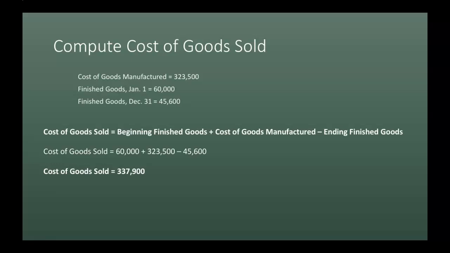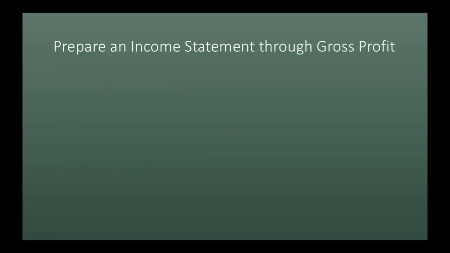So continuing to build on itself, the problem now says to prepare an income statement through gross profit. So you calculate gross profit by taking your sales, subtracting your cost of goods sold. So at the start of the problem, they told us that our sales revenue for the year was $900,000.